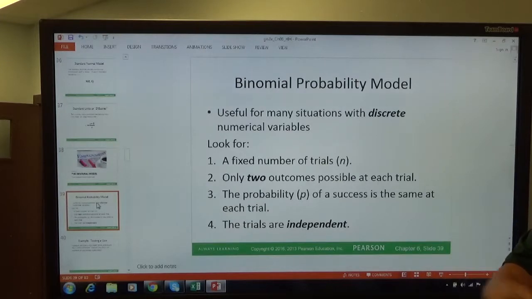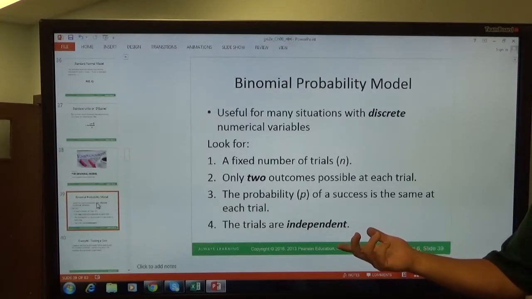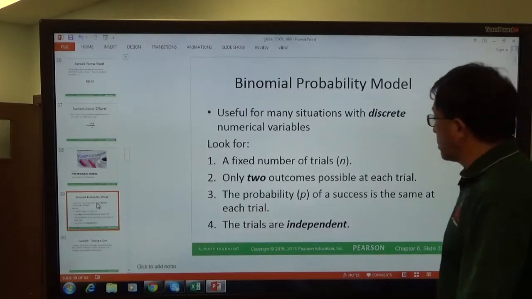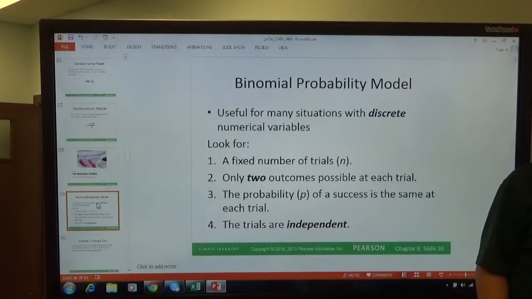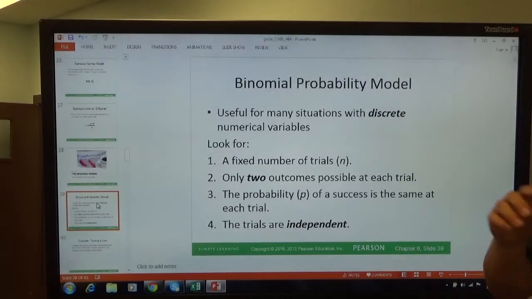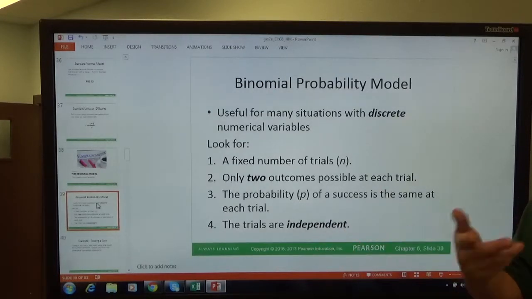The first trial, it's 50% chance of getting head. Second trial, still 50%. And also the trials are independent. If you try twice, the first trial will not affect the outcome of the second trial.